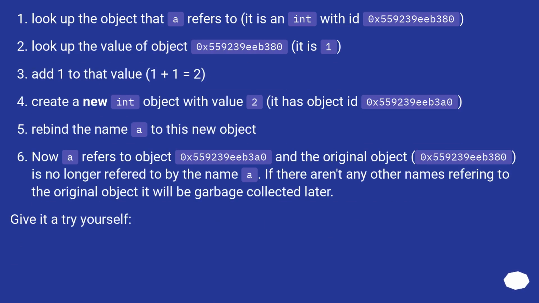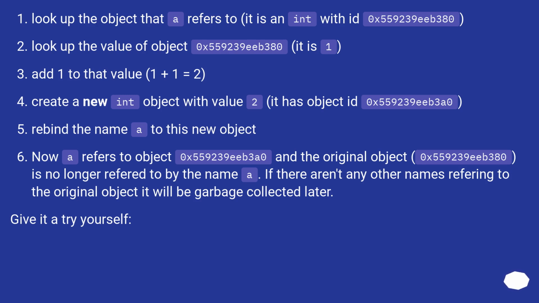Look up the object that a refers to. It is an int with its id 0x559239eeb380. Look up the value of object 0x559239eeb380, it is 1. Add 1 to that value, 1 + 1 = 2. Create a new int object with value 2, it has object id 0x559239eeb3a0.